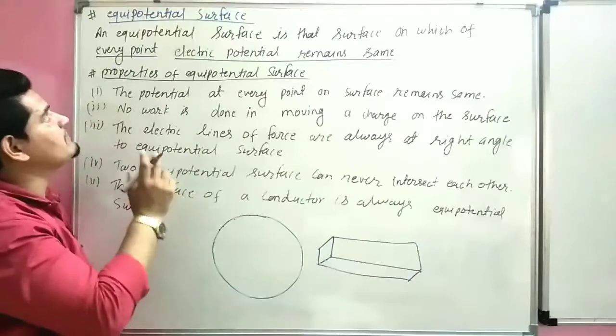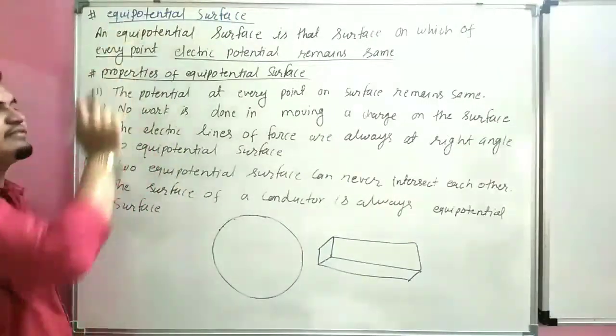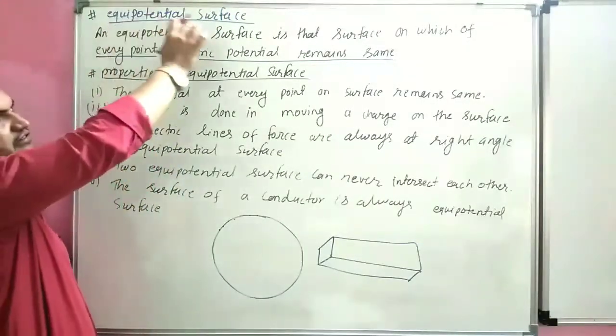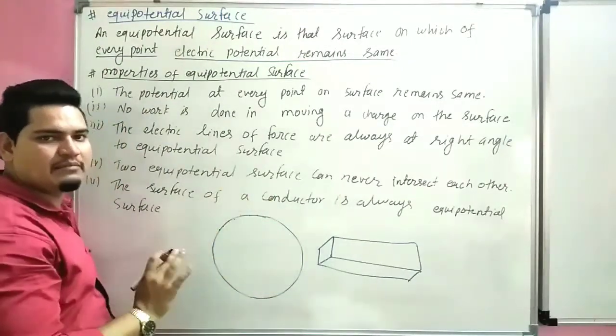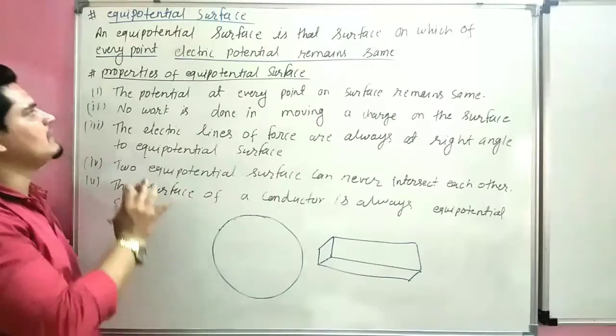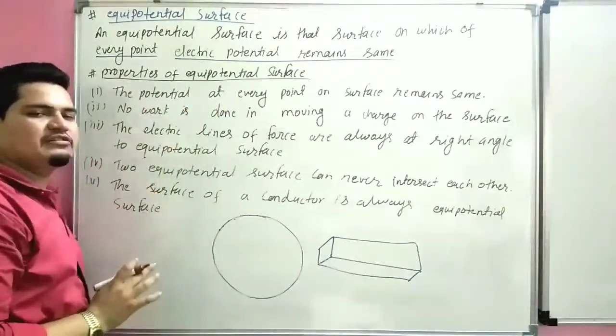So this is called an equipotential surface. Equi means equal potential surface. Potential does not change.